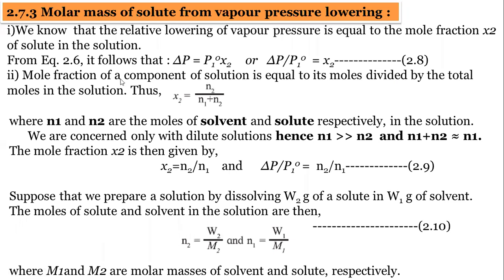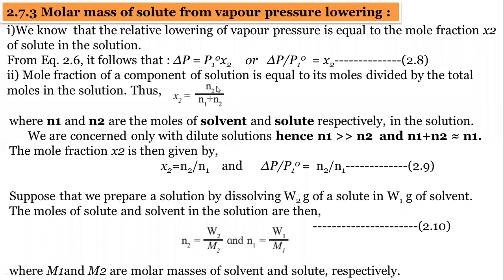I will explain, because this is part of the 11th standard and many students have forgotten about this mole fraction. X2 is the mole fraction of a component, any component; it may be solute or it may be solvent. So what is this mole fraction? X2 is equal to N2 divided by N1 plus N2.